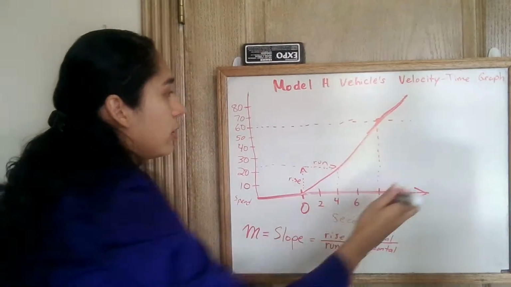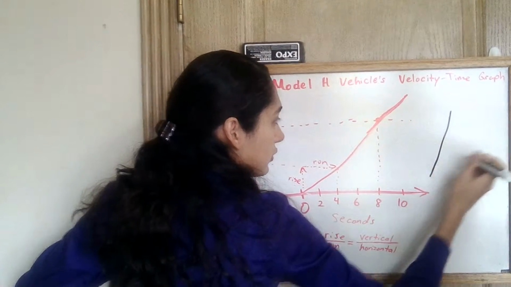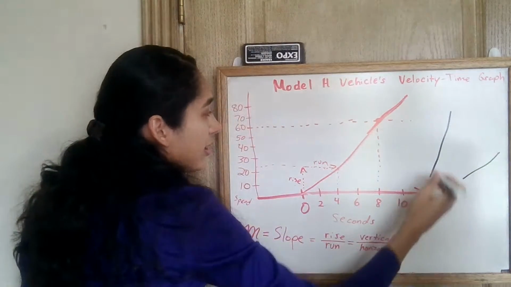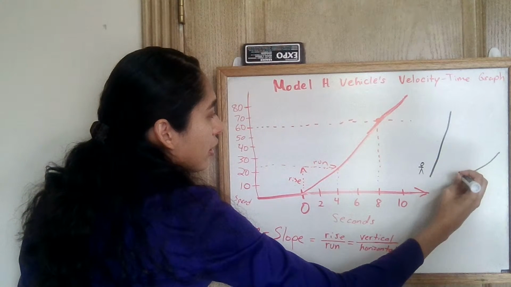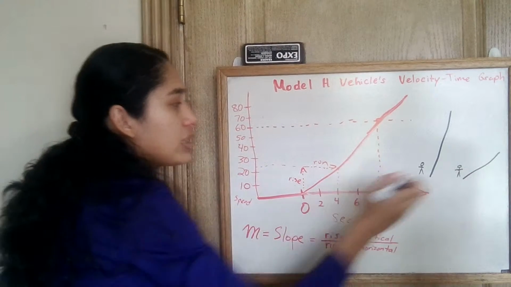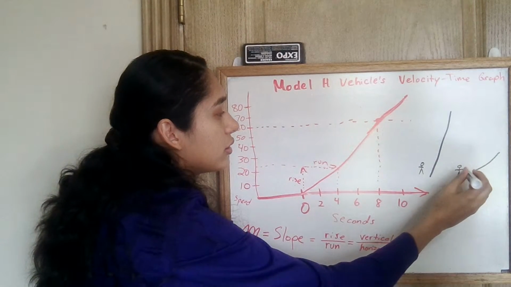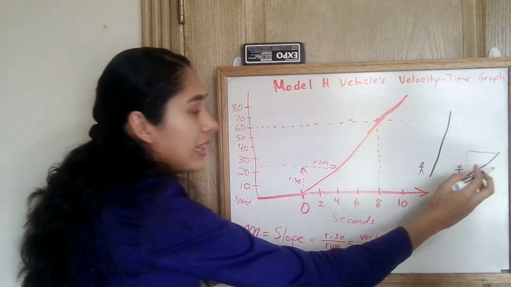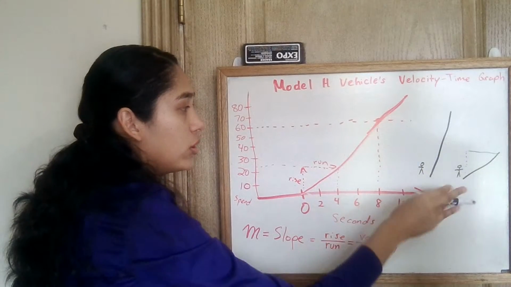There we go. So let's say I have two lines like that, and I need to climb one of those 2 mountains. This mountain is going to be easier to climb because the slope is not as high. It's a lot more gradual.